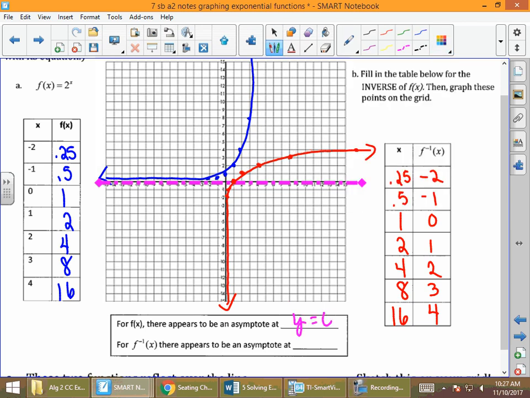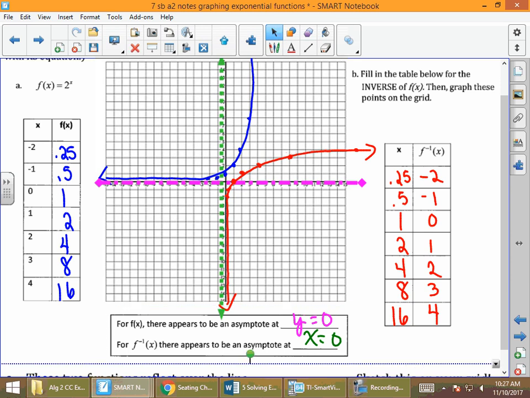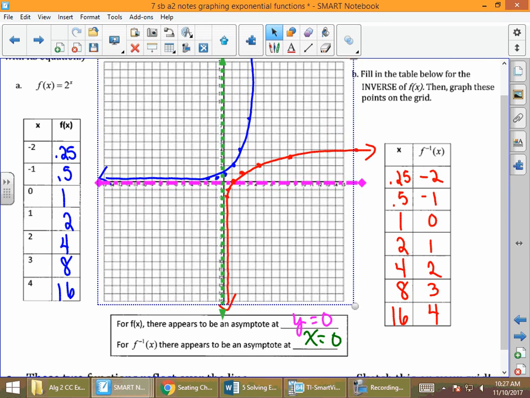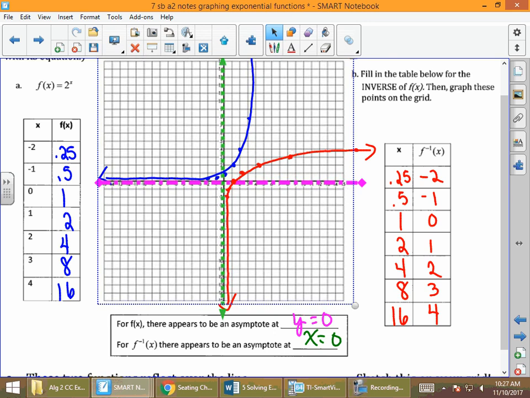We have y equals 0 for the original. This one's going to be x equals 0, which is roughly there. Close enough.